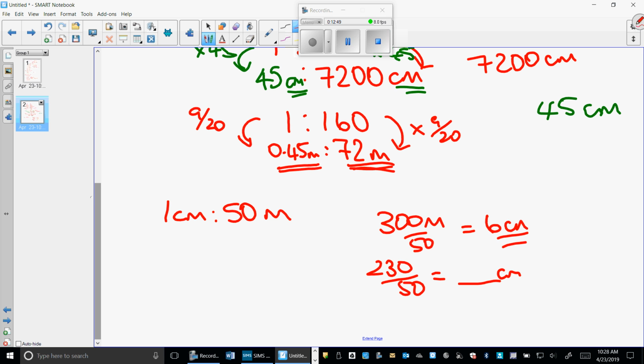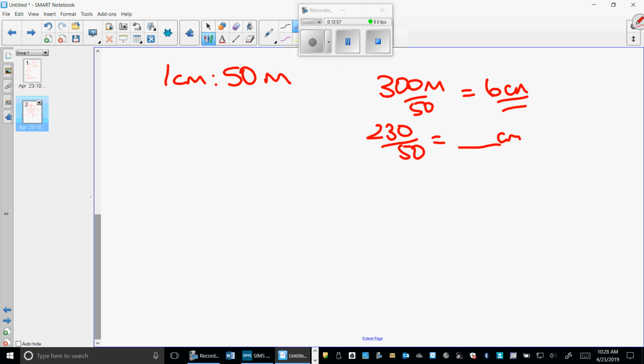Now they want point D. Point D is a bearing of 260 from point C. So do we remember the rules about bearings? So here's C. Do you remember how we measure bearings?